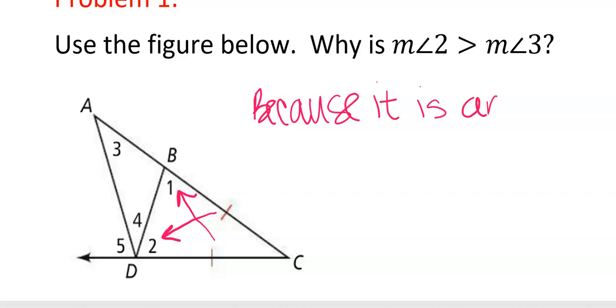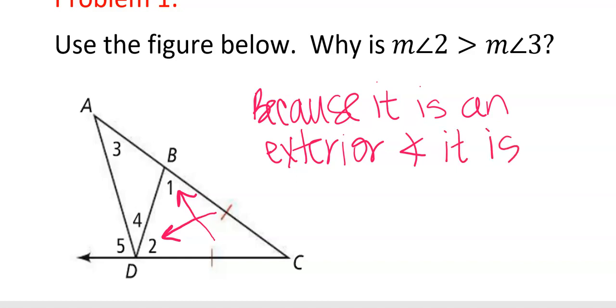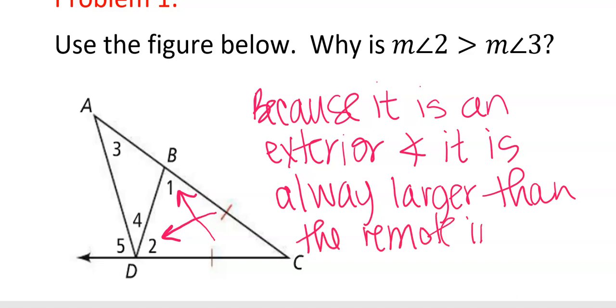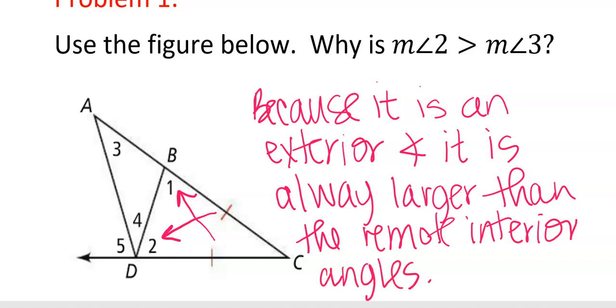it is an exterior angle. Okay, so 2 is bigger than 3 because it is an exterior angle, and it is always larger than the remote interior angles.